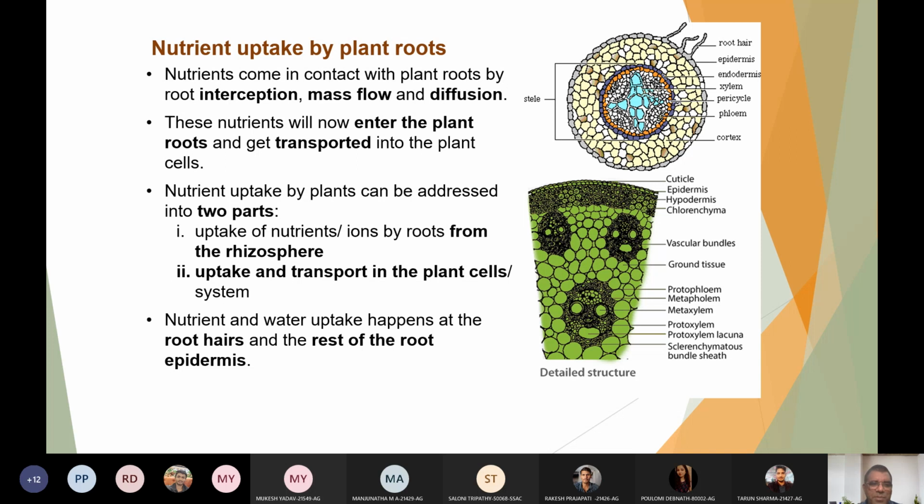From the cuticle up to the xylem, the nutrients need to travel. They need to pass through the interspaces and through the cells. It is up to the nutrient which way it moves, but it has to reach the xylem. Nutrient and water uptake happens at the root hairs and the rest of the root epidermis.